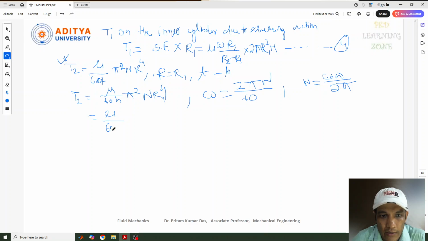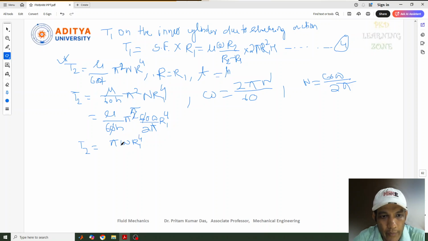Mu by 60H pi square, and here 60 omega by 2 pi, R to the power 4. Now 60 is cancelled, pi is going to be cancelled, only one pi will be there. And so finally what we are going to get here, now T2 equal to pi omega R1 to the power 4.